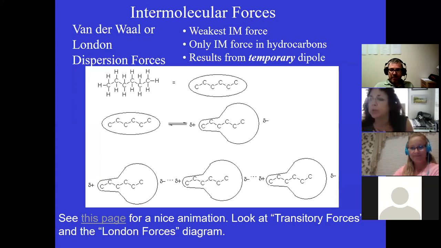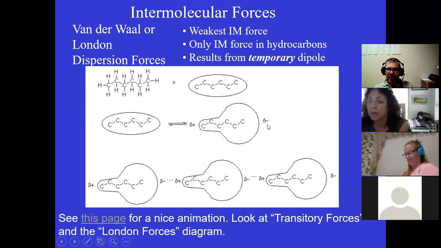So what's the difference between the three rows we're looking at? Okay, well, right there. Down here, you see how when it shifts, the bigger side, the fat side here, is delta minus, and the skinny side here is delta plus. There's more electron density over here, right?